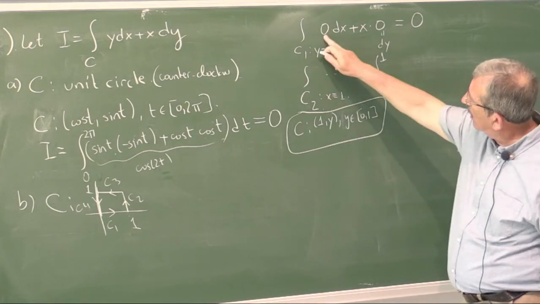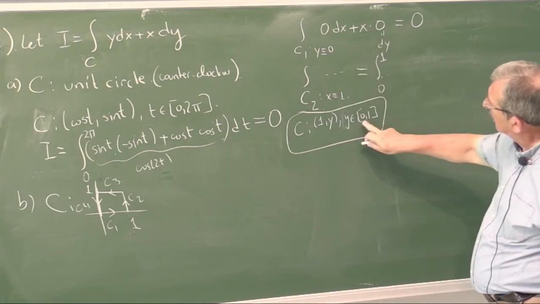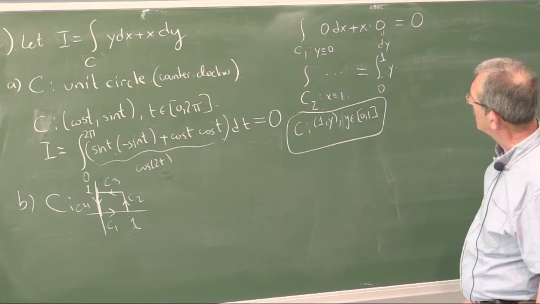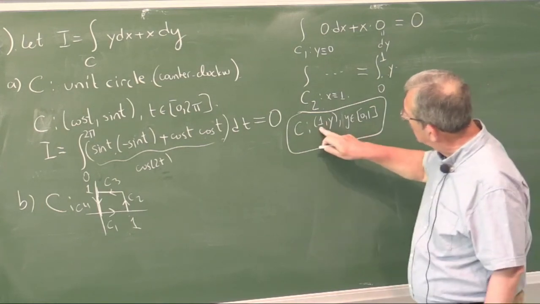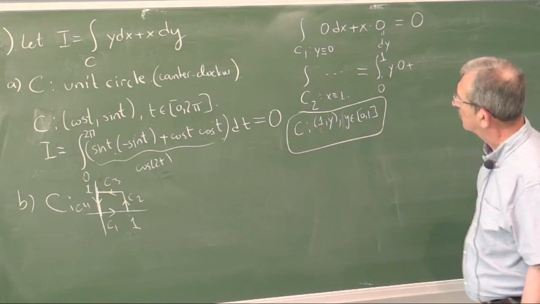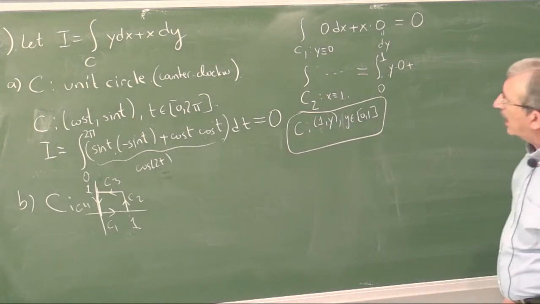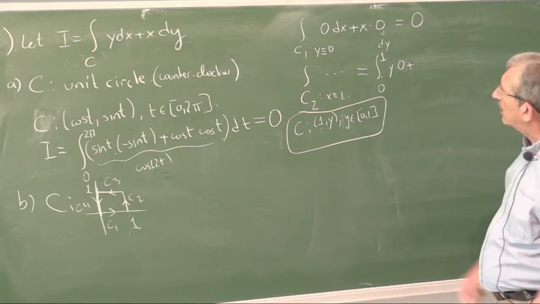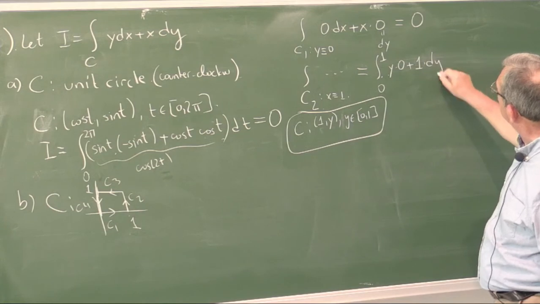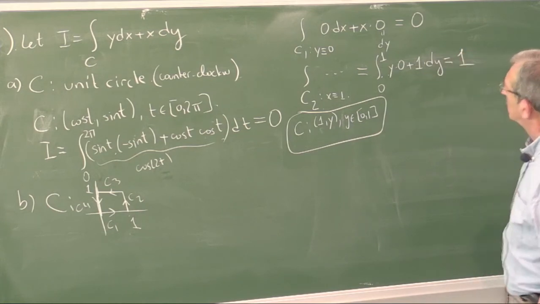Well, y is a variable, but x is constant, so dx is 0. Plus x times dy, well, x is 1, and dy is dy. So it is 1.